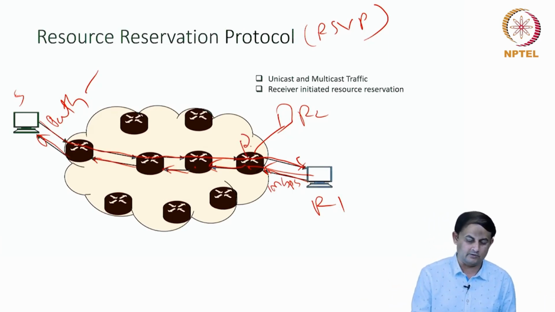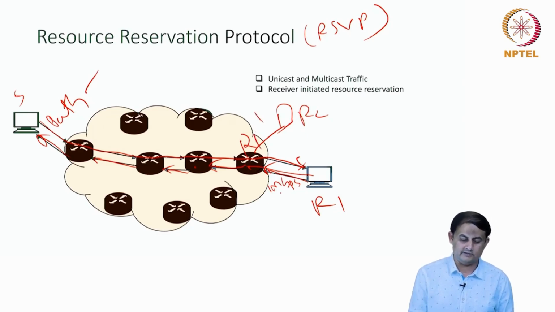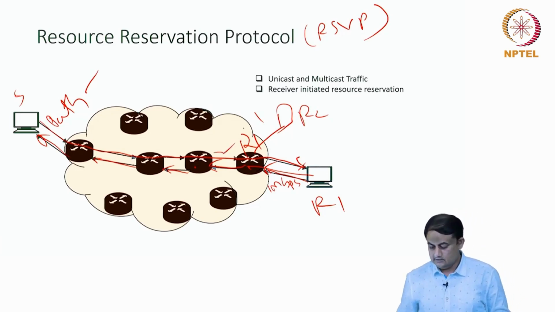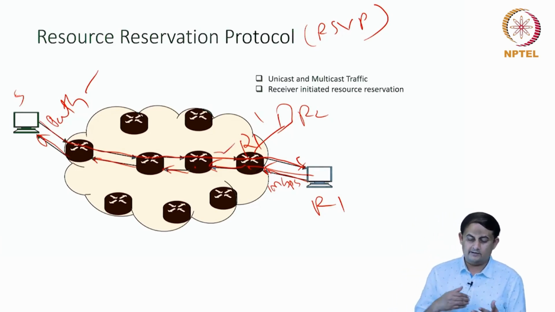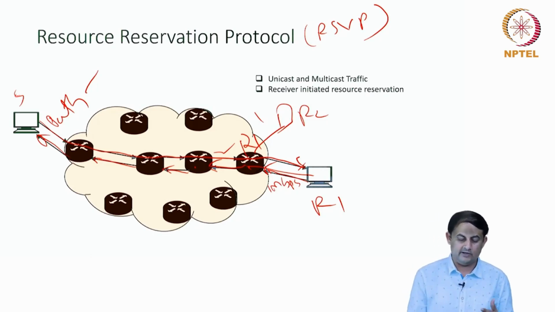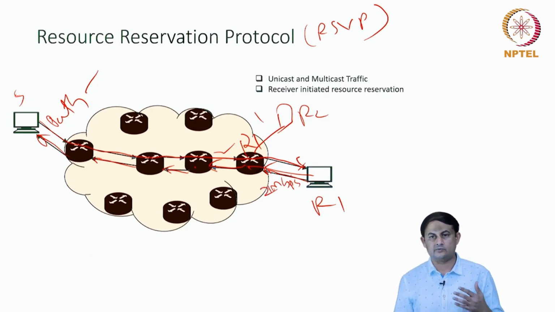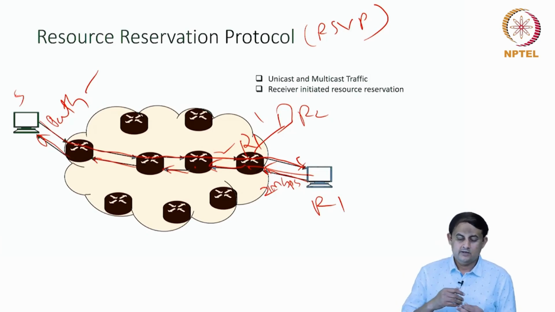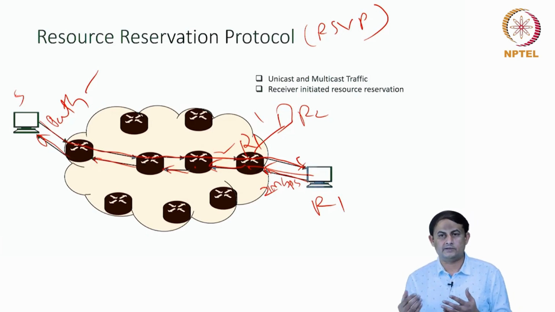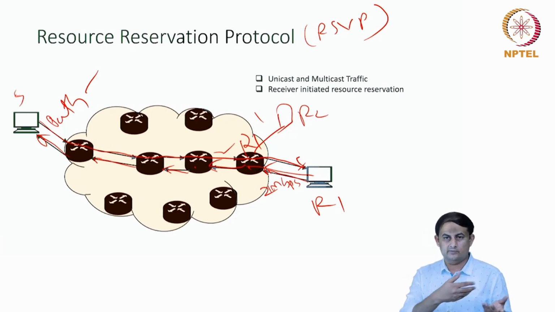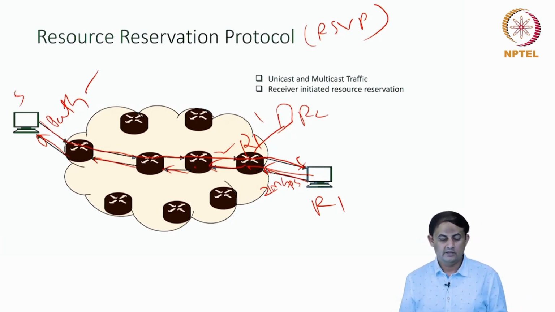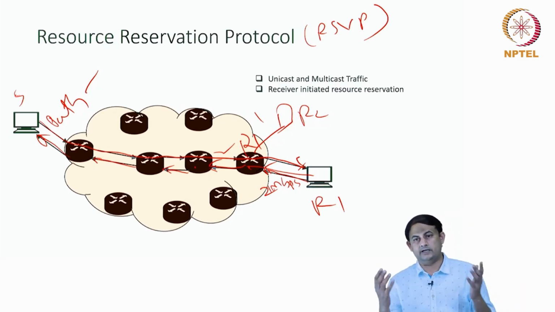Particularly, if this is the setup, let's say this one is asking for 1 Mbps, this one is asking for another 1 Mbps, and together it might ask for 2 Mbps. Or one of them is asking for 1 Mbps and the second one is asking for 2 Mbps. So using 2 Mbps as the maximum transmission rate, you can also meet the 1 Mbps requirement. Anyhow, both of them are interested in the same transmission, so I can ask for a peak rate of 2 Mbps from my upstream router, something like this.